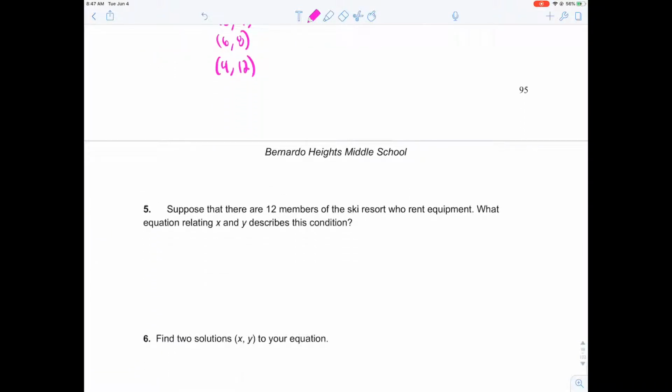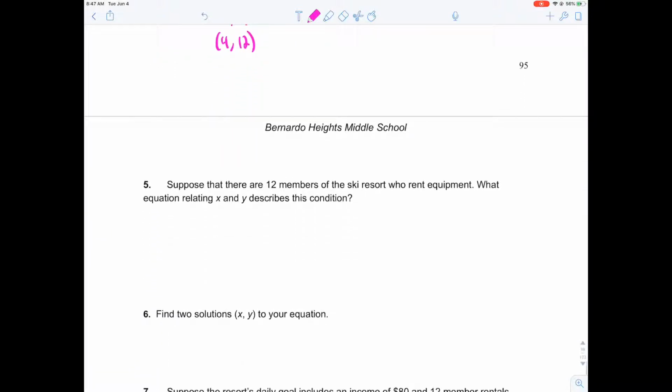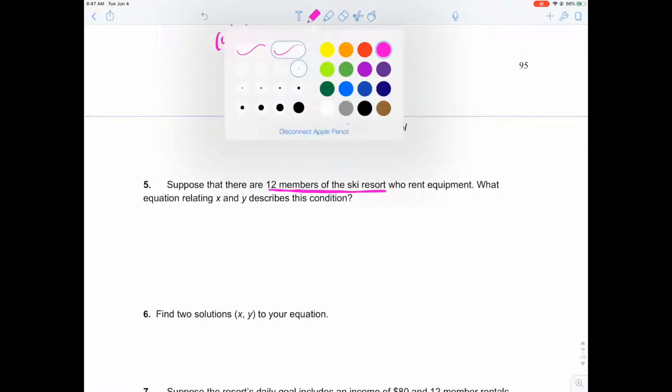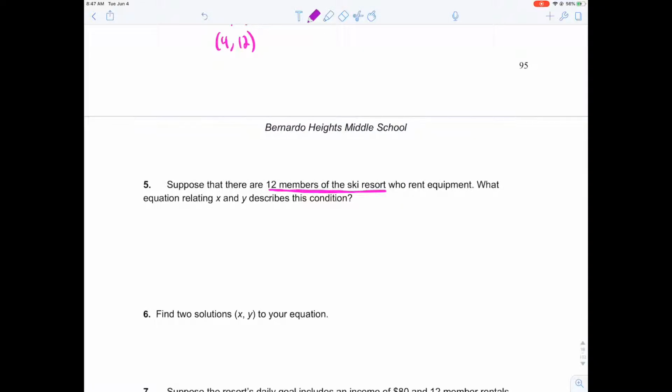Suppose that there are 12 members of the ski resort who rent equipment. What equation relating x and y describes this condition? So another way to think about these 12 members is that there are going to be 12 rentals in total. Okay, so my equation, let me change colors now so that we don't get confused. My equation is going to be set equal to 12, right?